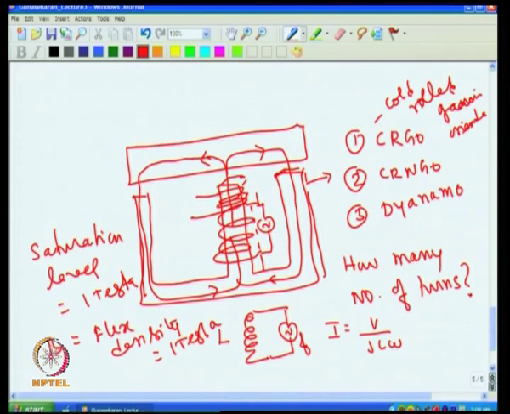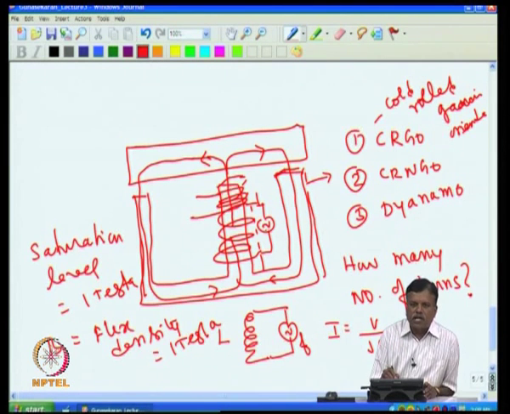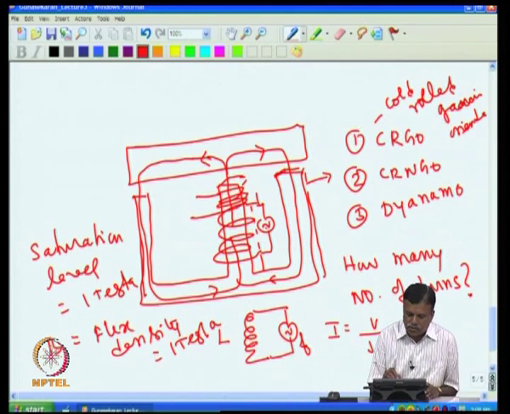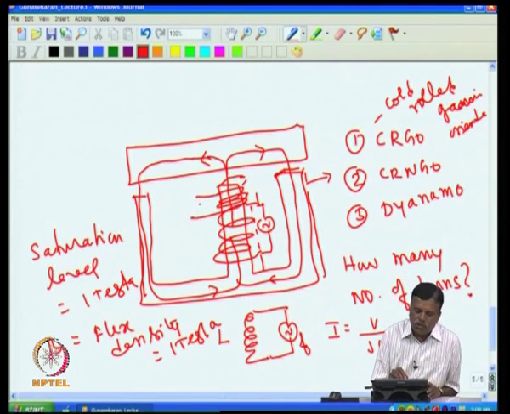Also, if there is no changing flux, this coil itself will have no self-induced voltage, and that will make a large current flow even in the primary, which will effectively short the voltage source itself. So, we should never allow the core to saturate, because the voltage source will be short circuited and a large current will flow, the coil burns off, and you also get no induced voltage in the secondary.